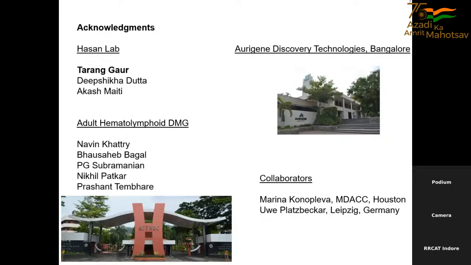I request Professor Dubey sir to kindly present a memento to Professor Hassan sir. Thank you, sir. Now I request Dr. Sunil Ghosh, sir, to kindly come onto the stage and present a memento to Professor Alok Dubey, the session chair.